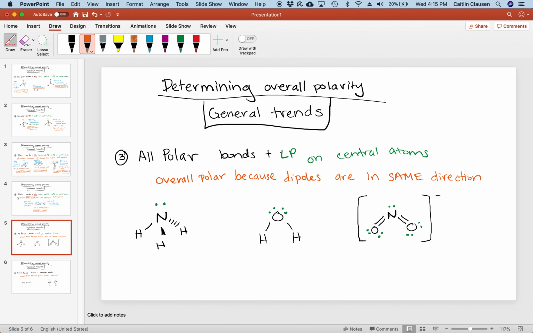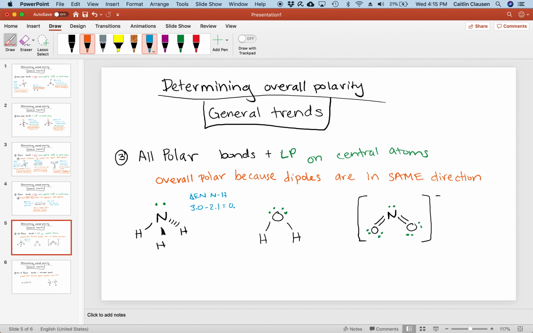Now, if all the bonds are polar, and there are lone pairs on the central atom, it's going to be overall polar because the dipoles are in the same direction. Again, we calculate delta En. In this case, they're all nitrogen and hydrogen. Nitrogen is 3.0, hydrogen is 2.1.